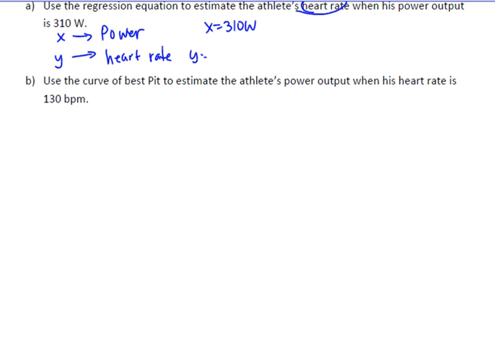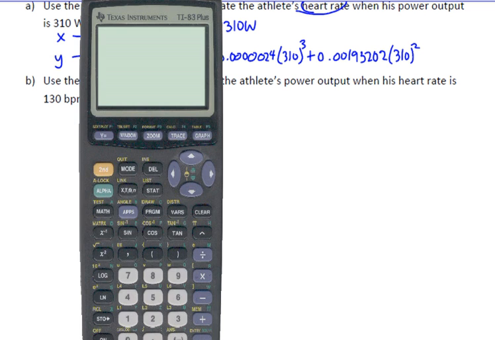So y equals this ugly thing, 0.000000024 times 310 cubed, plus 0.00193202 times 310 squared. For the cube button, when we type this equation in on top, just put power, hat 3, or math 3.